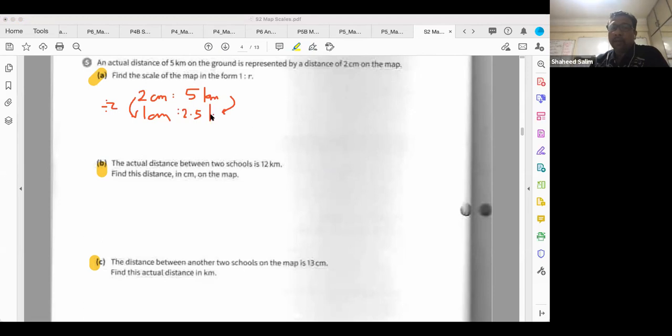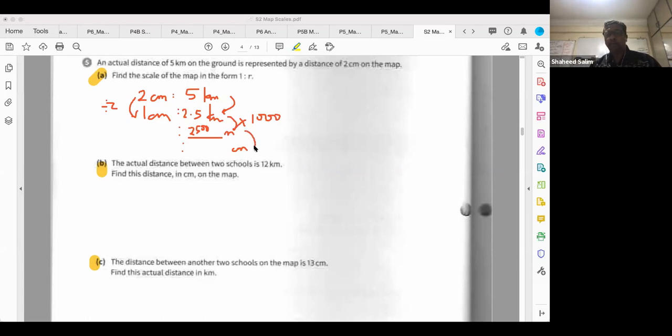Then what's your next step? Next step is to change this km to cm, but we change to meters first. Times 1,000, you get 2,500. Now from meters, how to change to cm? Times another 100. Km to meter times 1,000.